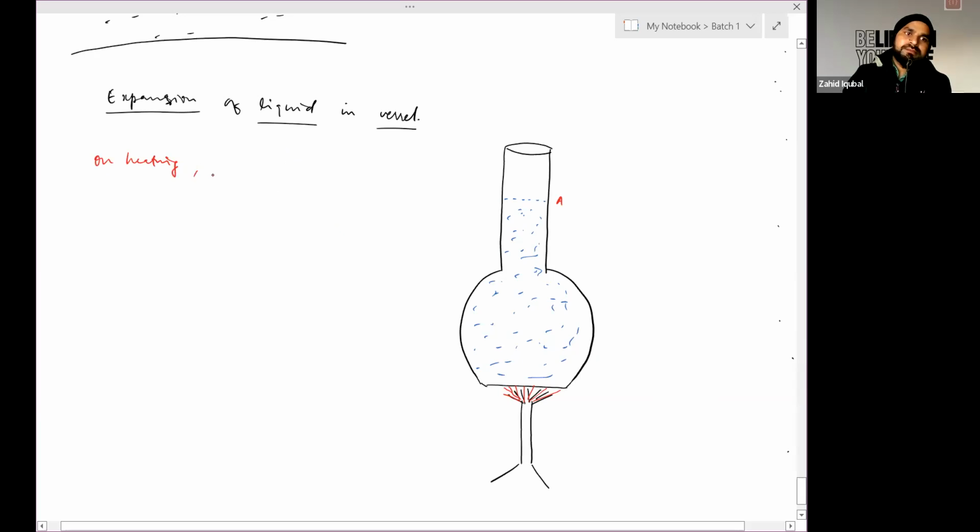So you will see, on heating, since the vessel will receive heat first, it will expand first, then the level of liquid gets decreased.